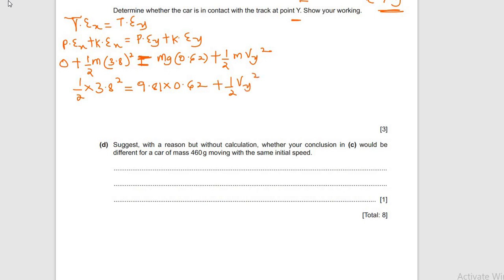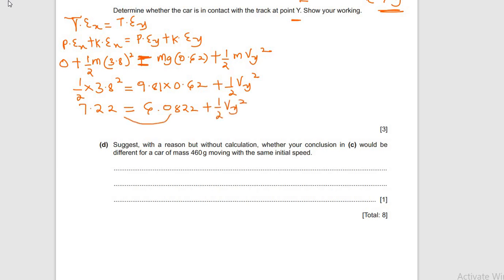So now let's make use of our calculator. 3.8 squared times 0.5 gives us 7.22. The other one, 9.81 multiplied by 0.62, gives us 6.0822 plus half vy squared.